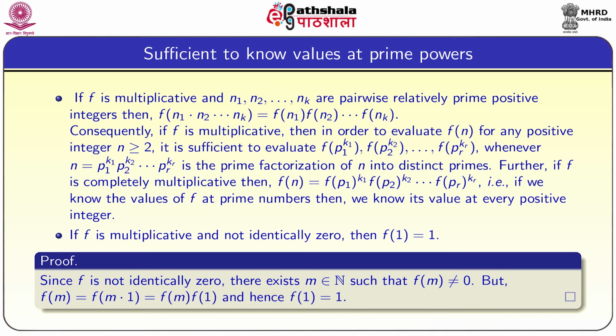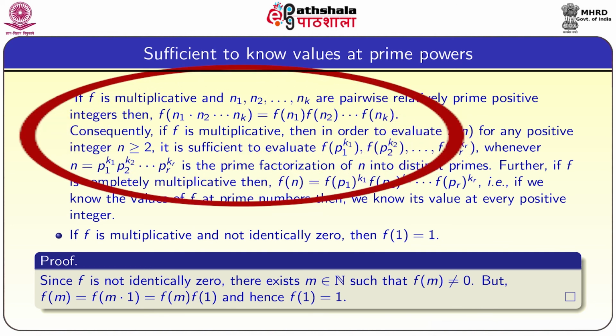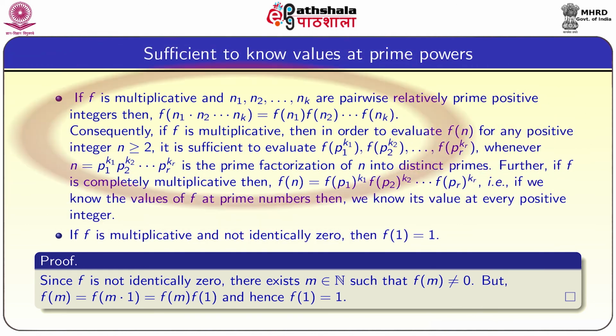If f is multiplicative and n1, n2 and so on nk are pairwise relatively prime positive integers, then f of n1, n2 and so on nk is equal to f of n1 into f of n2 and so on f of nk. So, whenever n1, n2, nk are relatively prime, in order to evaluate f at the product n1, n2 and so on nk, it is sufficient to evaluate f at n1, f at n2 and so on f at nk.